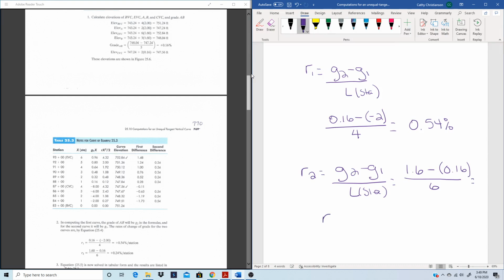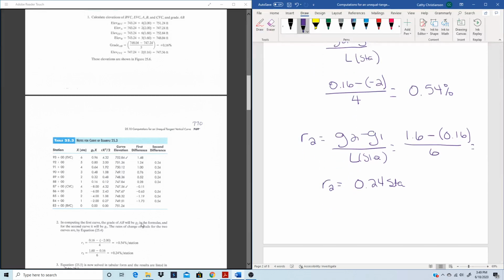And so R2 will be 0.24 percent per station. So that's the percentage. So they're both positive.